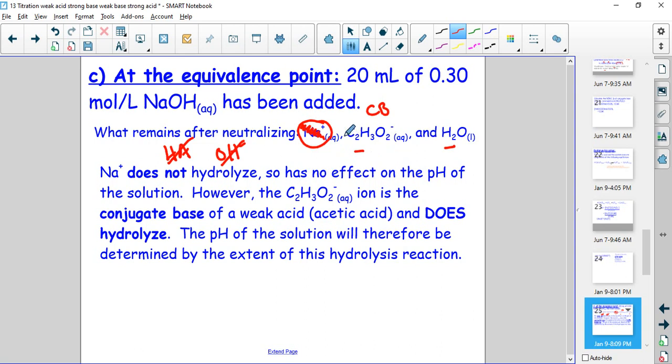If you recall, a few lessons ago, we did acidic and basic properties of salts. When a conjugate base came from a weak acid, which in this case means acetate, when that is present with water, it behaves like a base, right? So I'm going to show you the expression for the hydrolysis of this acetate conjugate base ion with water.